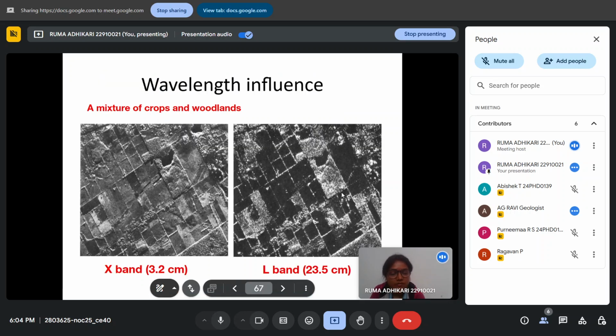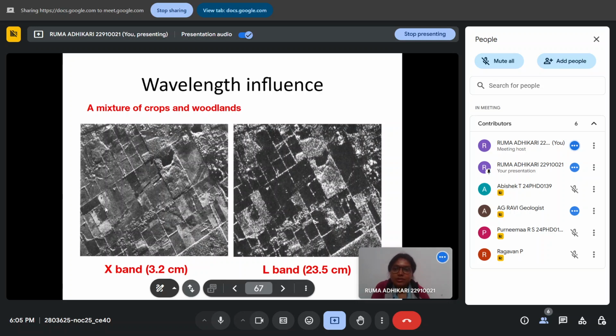So wavelength influence, again some pictures. X band shows a mixture of crops and woodlands, but L band is very high in wavelength compared to X band. So look at how the target actually interacts. Basically what happens here is that underneath there is water.